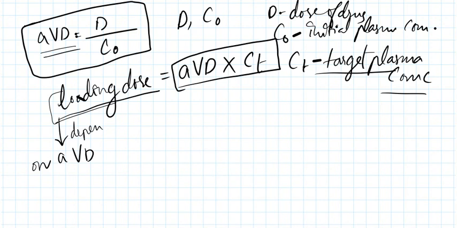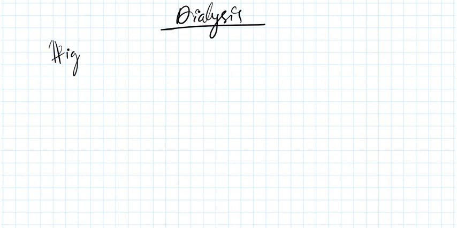Now we finish the loading dose and apparent volume of distribution. Now we will come to something else called dialysis. Now we will discuss the volume of distribution. If the drug has high volume of distribution, that implies the drug can easily go into the body tissues.